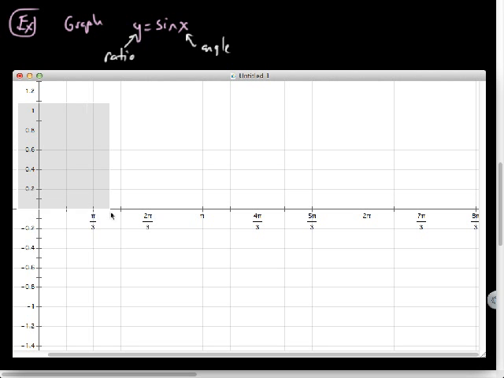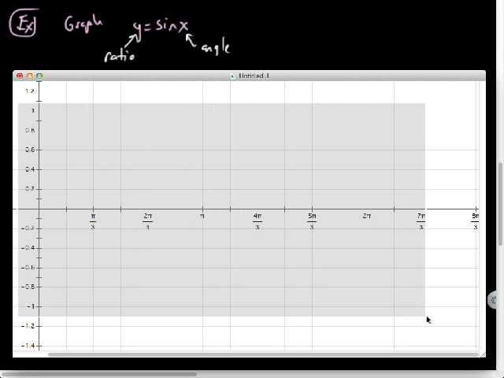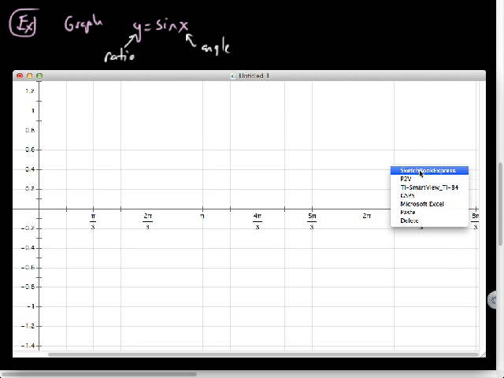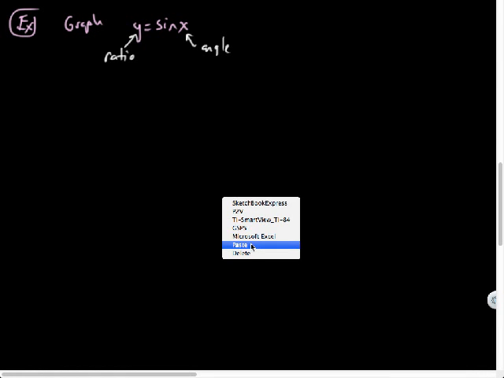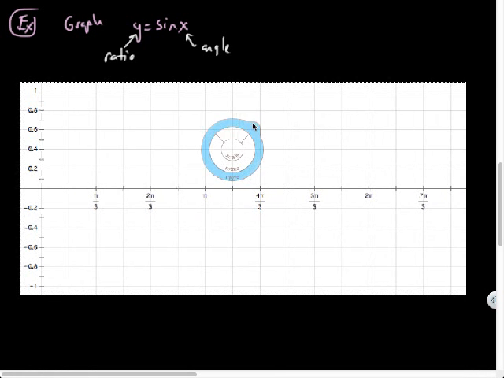So I'm going to grab a little picture of this right here. And yeah, that'll do. And since for my inputs I'm going to be working in radians, I've got my axis labeled in radians here.